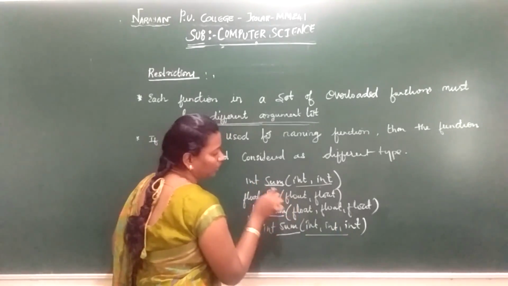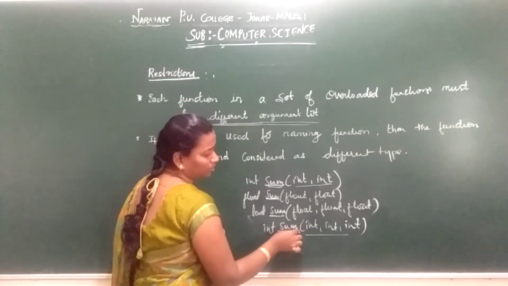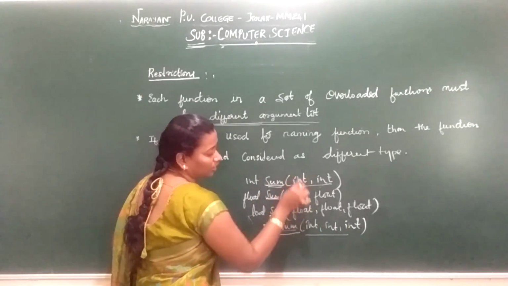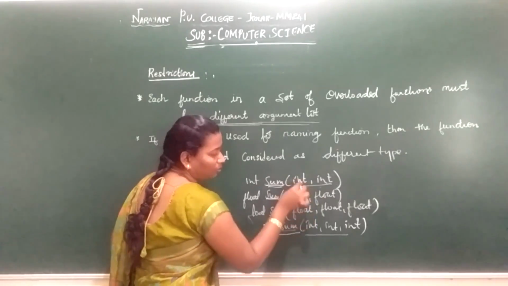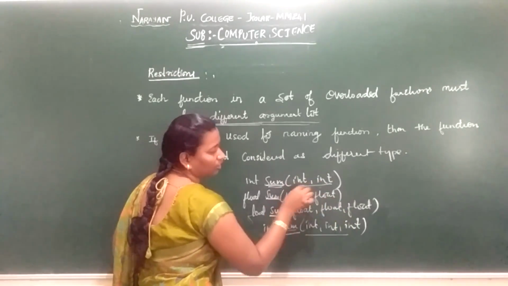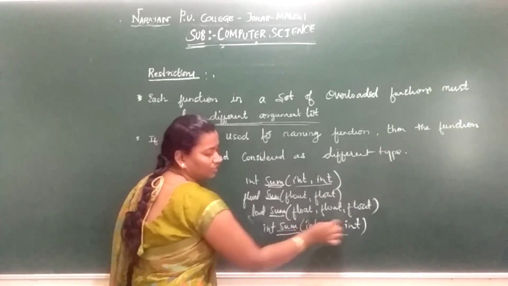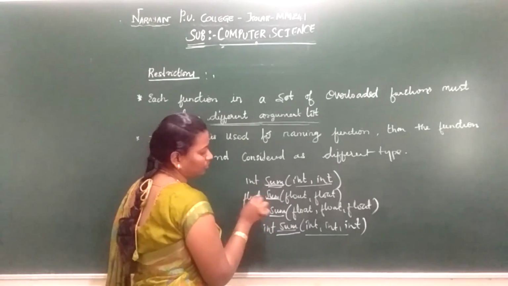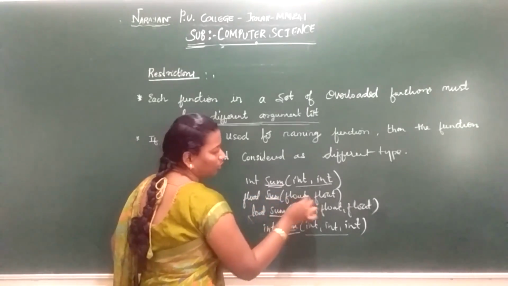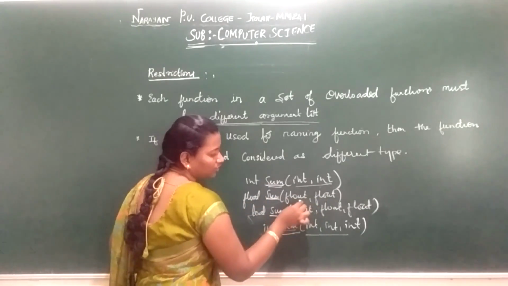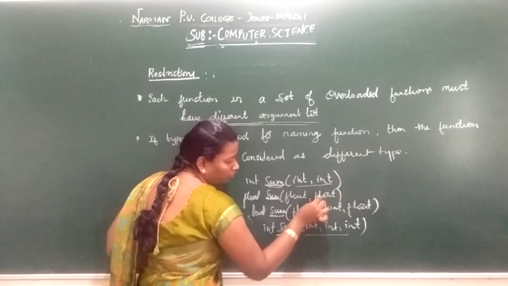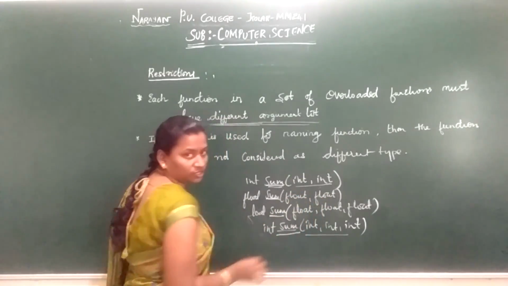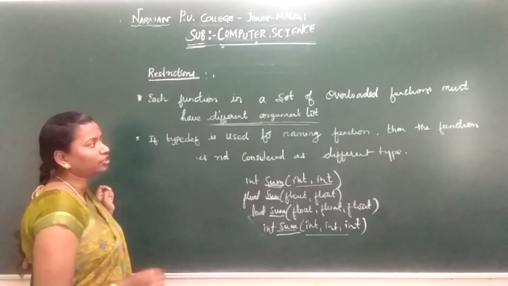But what differs between the first sum and the last sum is the number of arguments. Here we have only 2 arguments. In this case we have 3 arguments. Here too in float, the return type is the same, the function name is the same, the argument type is also the same. What differs is the number of arguments in these 2 functions. Hence function overloading is possible.